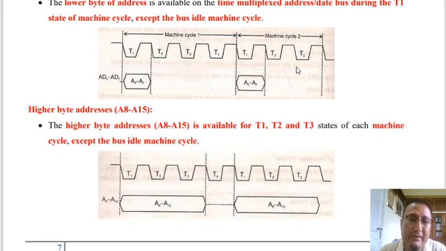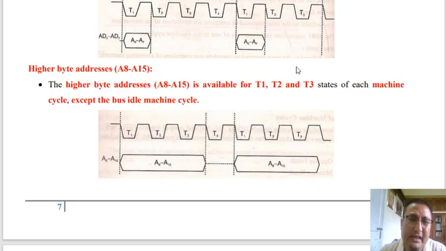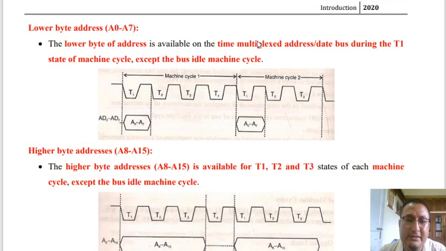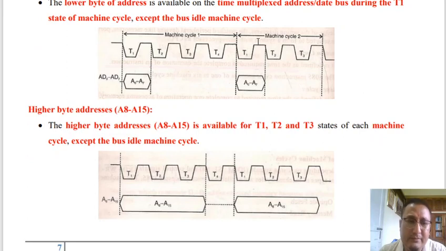Likewise, you have the higher byte address, that is A8 to A15. The higher byte address is available in A8 to A15 for the T1, T2, and T3 states of each machine cycle, except the bus idle machine cycle.